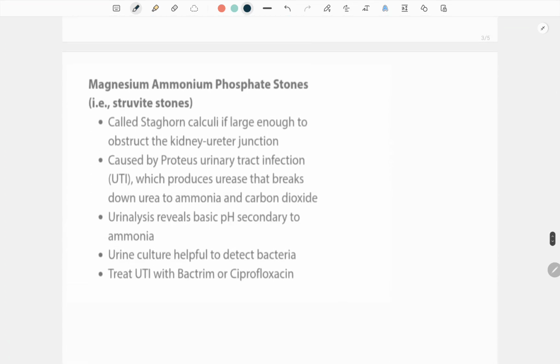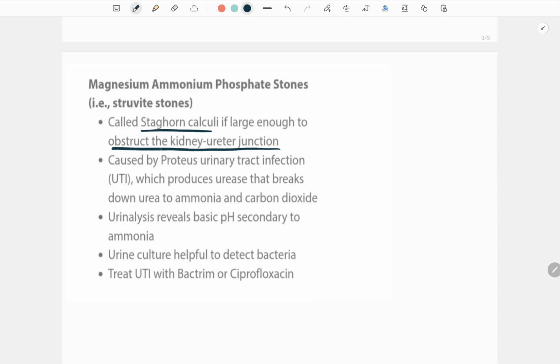Now let's talk about the struvite stones, or the magnesium ammonium phosphate stones. It is also called staghorn calculi if it is large enough to obstruct the kidney ureter junction.